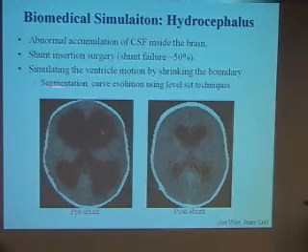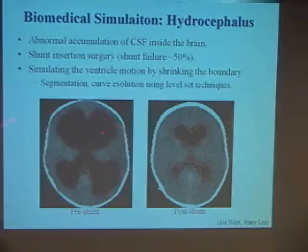It turns out that this simple curve evolution provides a pretty good shape prediction of the hydrocephalus. But the problem with this is that it doesn't really use any biomechanics information, and so on. So we want to do something better. But let's put it aside.